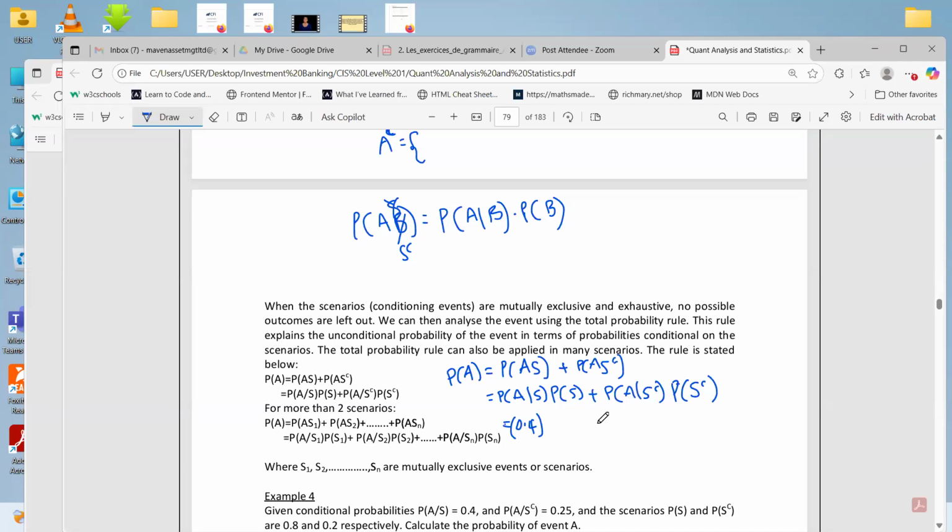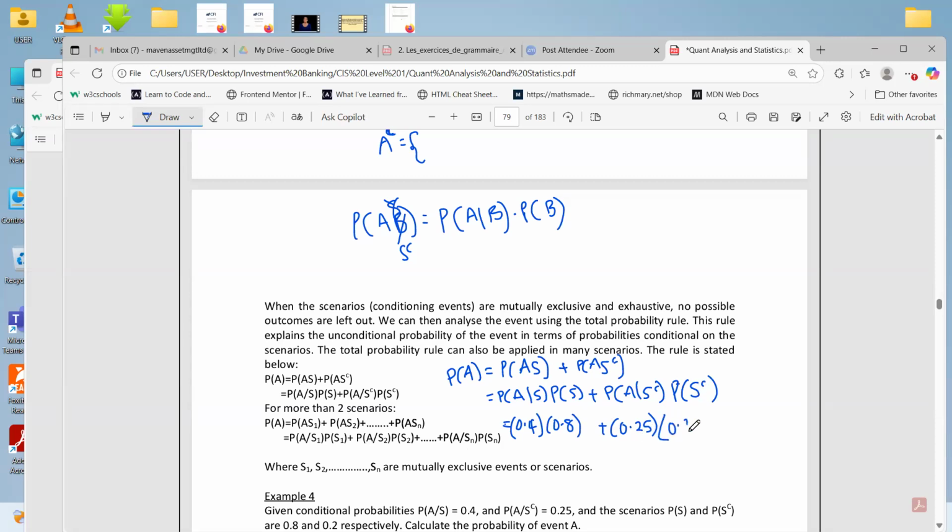I know that is over here, 0.25. Moving forward, and the scenarios, the probability of S and the probability of S complement. S is 0.8. It comes in chronological order. Good, 0.8, and over here is 0.2.